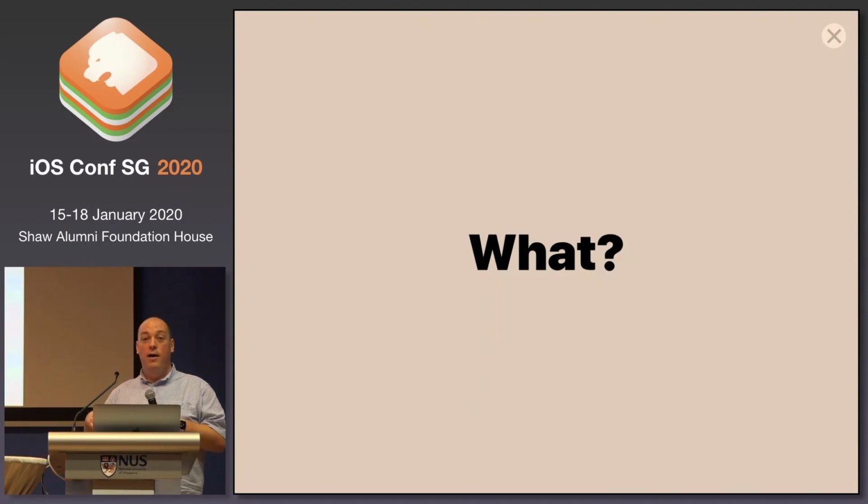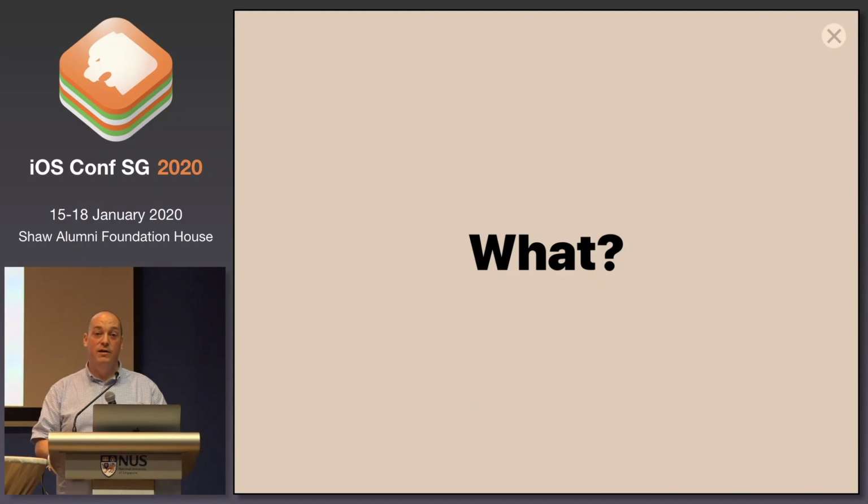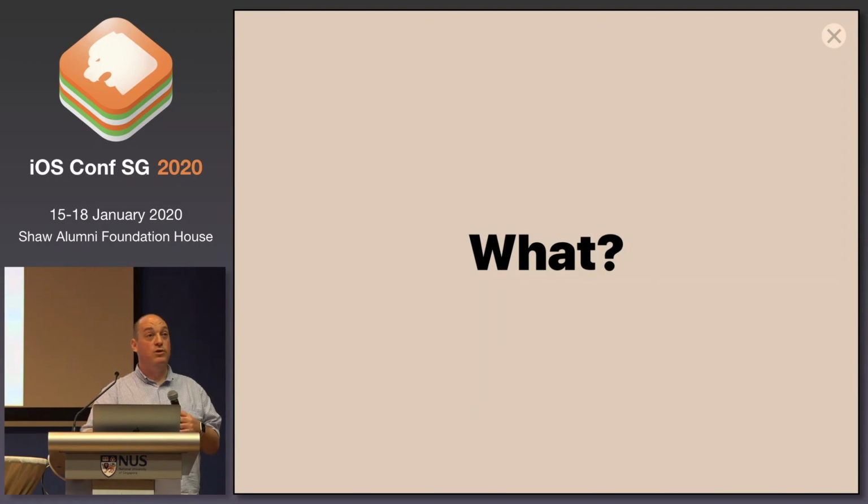Maybe it's not solving the problem that the user had. Or maybe the user just doesn't know about it. So you can start to design into your application mechanisms to figure out whether it's because they don't know about the feature or whether it's because that feature doesn't do something that they want it to do. And you can use these discoverability prompts to figure that out. It's kind of pushing people towards various bits of your application.